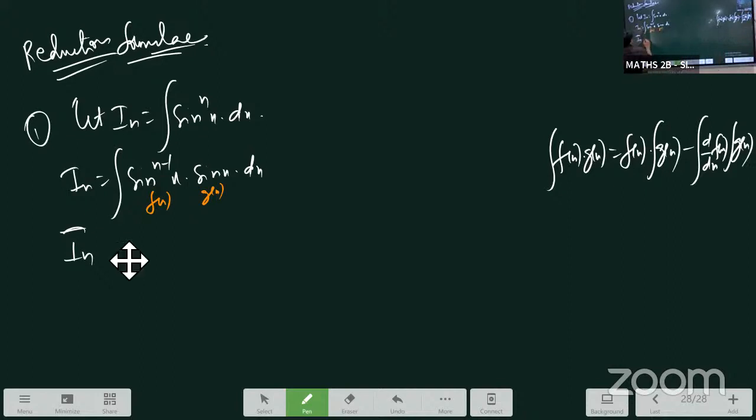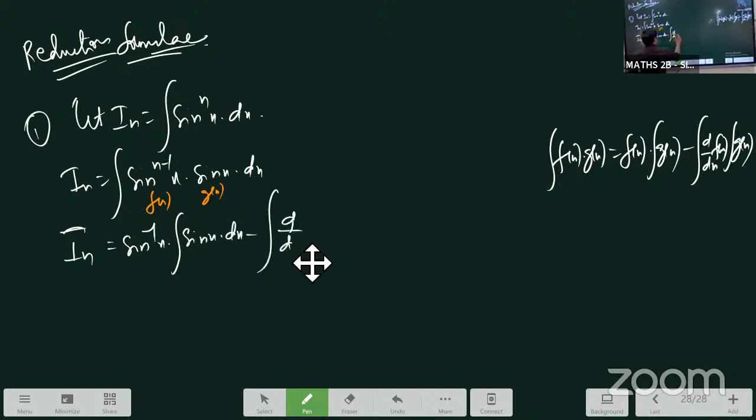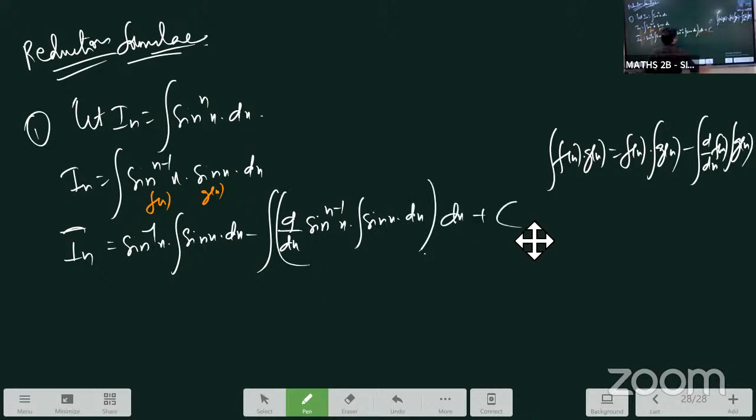So that is nothing but sine power n minus 1 x into integration of sine x dx minus integration of d by dx of sine power n minus 1 x into integration of g of x, this whole dx. Already we started doing integration, you put 1 plus c, no problem.